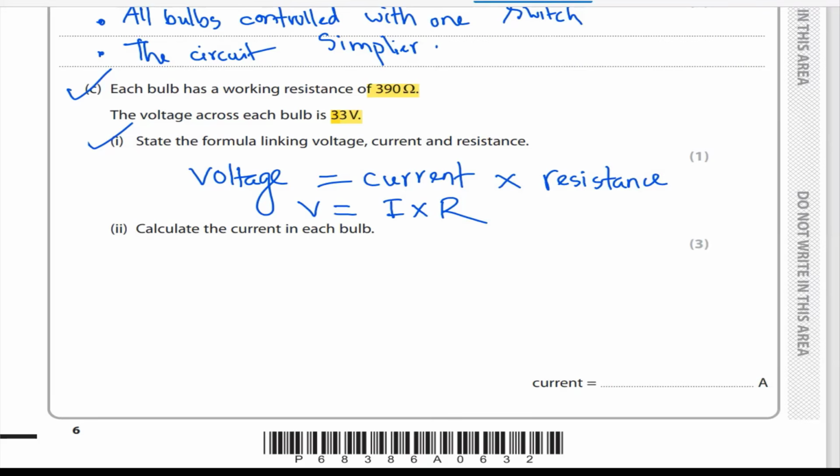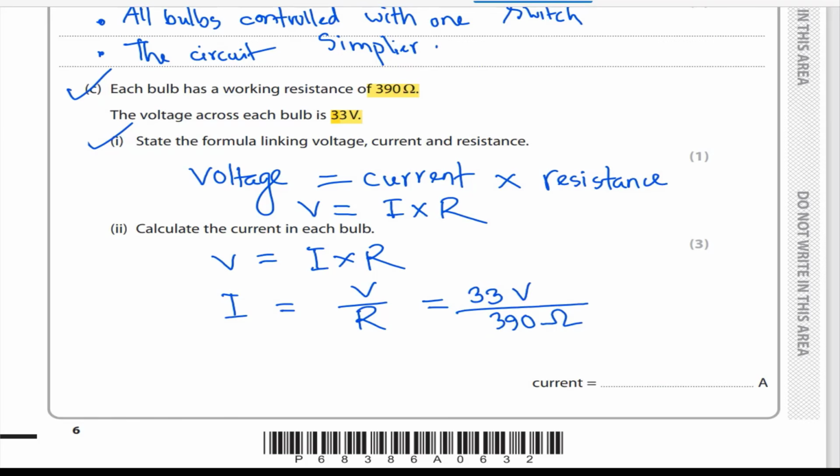Calculate the current in each bulb. We know V equal to I into R. So I equal to V divided by R. Here voltage 33 volt and resistance 390 ohm.